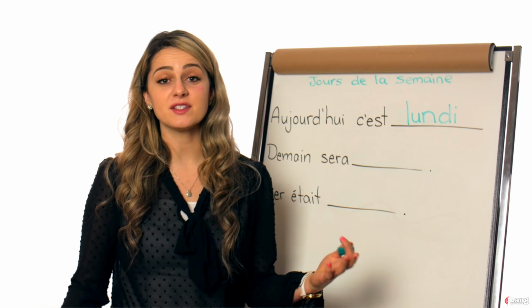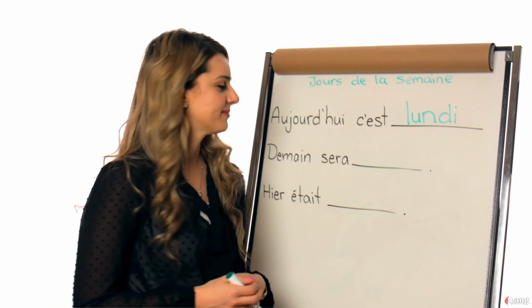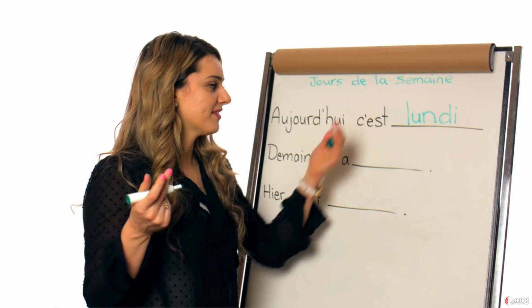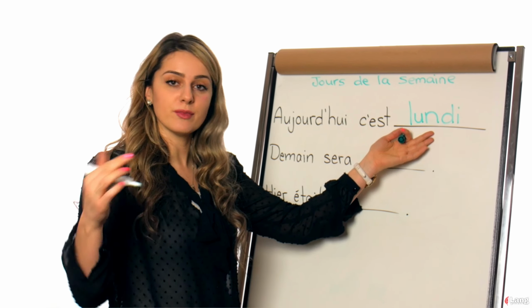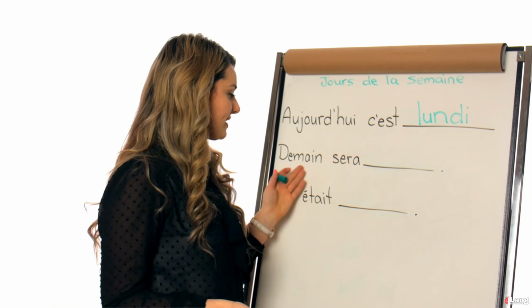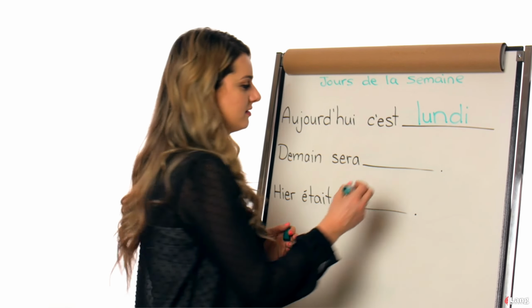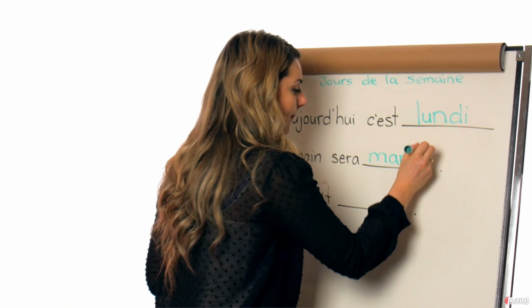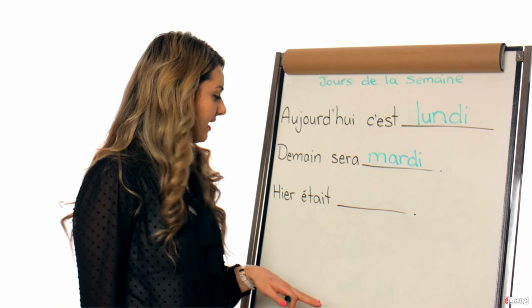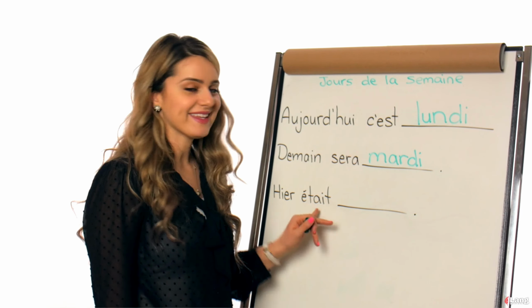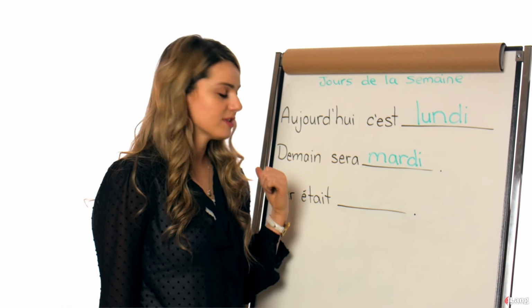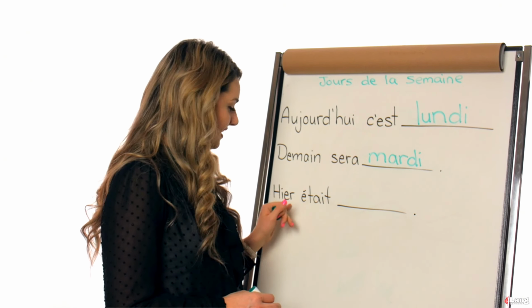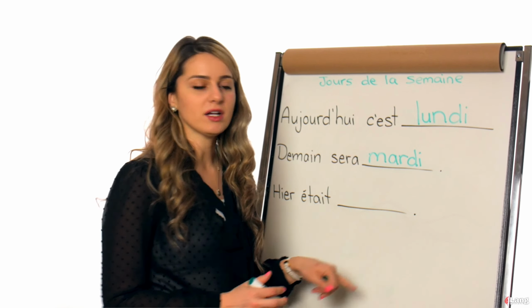And if you didn't, that's okay. We can keep on working. Demain sera. So if today is Monday, tomorrow will be Tuesday. So we would say demain sera mardi. And then we have hier était. So yesterday was Sunday. We would say hier était dimanche.